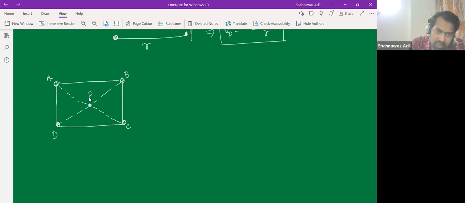This is point P. This one has mass m, this one has mass m, this one has mass m, this one has mass m. This is L, this is L, this is L, this is L.